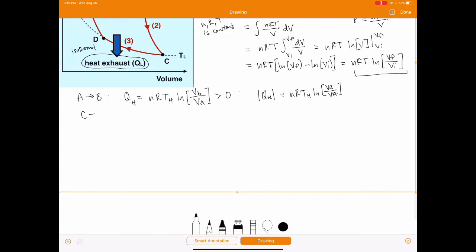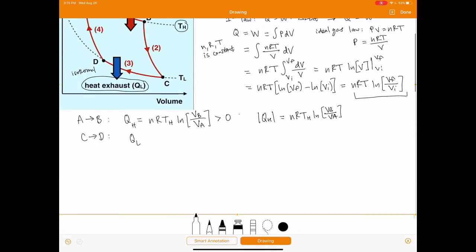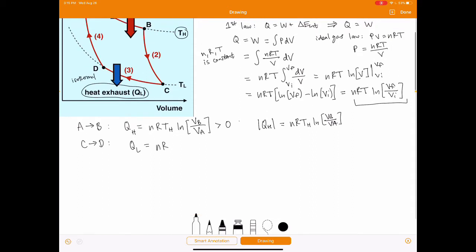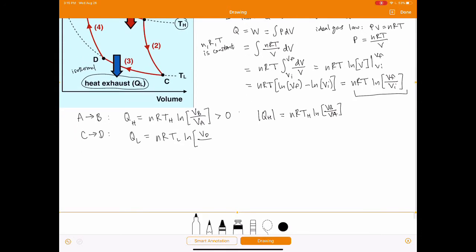Next, if we consider the process from C to D, that's when we have QL. That's when the heat is exhausted. So we have N times R. The temperature is now TL. And then we have the natural log of the final volume, which is VD, divided by the initial volume, which is VC for that process.